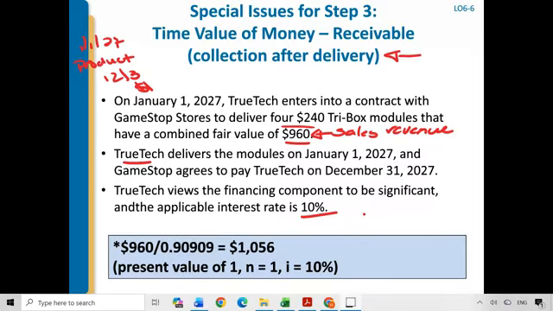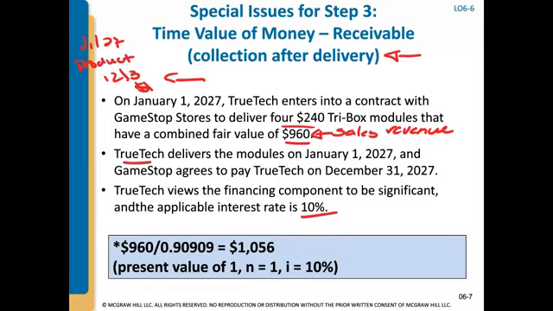So the question is, how much money will GameStop have to give to TrueTech on 12/31? They're going to receive the products on January 1, but how much money will they need to give on 12/31? And the answer is $1,056.